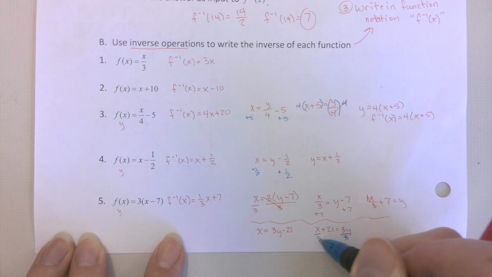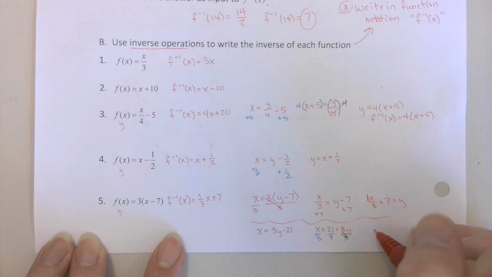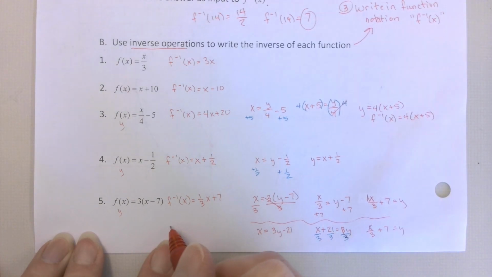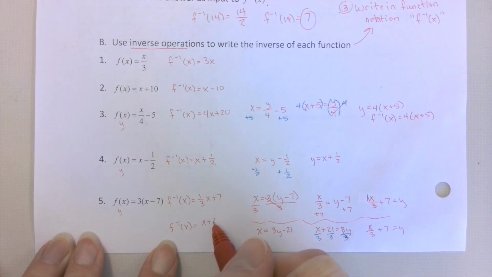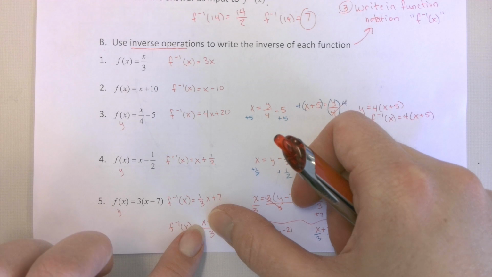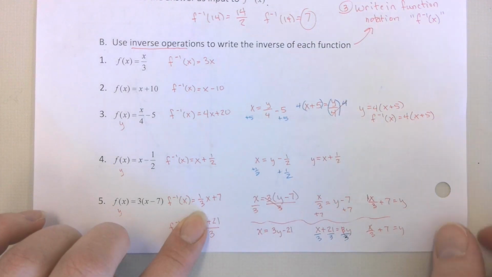I prefer to break it up, and I end up with that same result of x over 3 plus 7 equal to y. The other acceptable answer would be f to the negative 1 of x is equal to x plus 21 all over 3. And if we take a minute and look at that, there is the x over 3, 1/3 x, and there's the 21 over 3, which is 7.